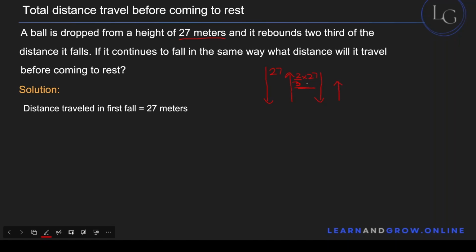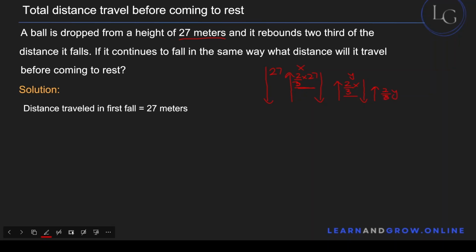So let's say this value is x. So this is now 2/3 of x. It will come down in the same length and it will go back up to 2/3 of this value, which let's say that 2/3 of x is y. So this is now 2/3 of y.